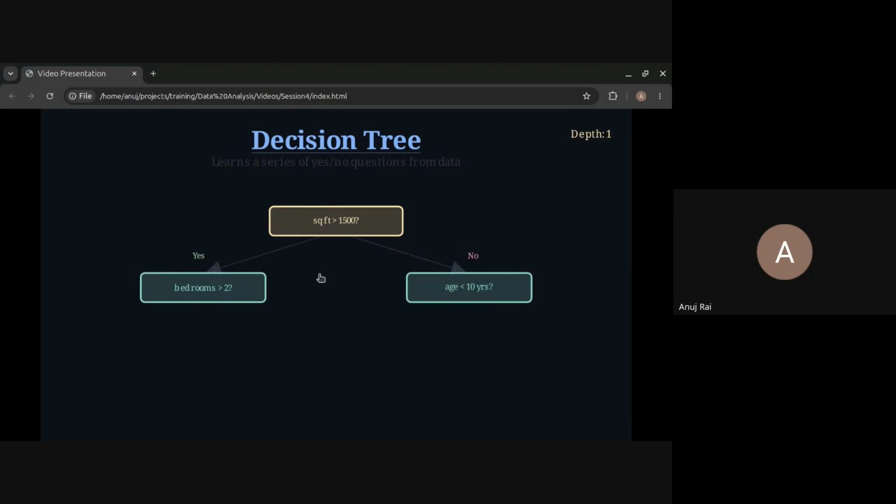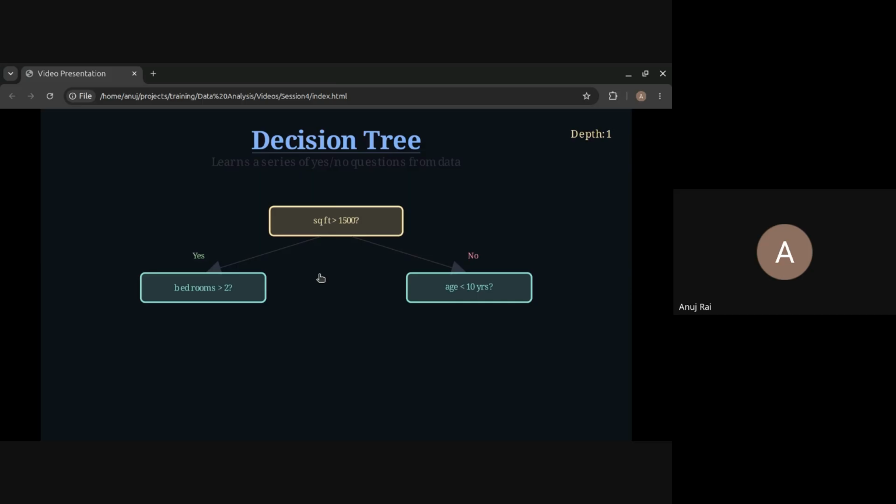So let's see. In our earlier case, we used the linear regression, but let's see there is another type of algorithm which can solve this problem of finding the y, that is price.